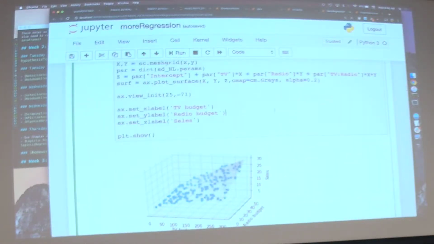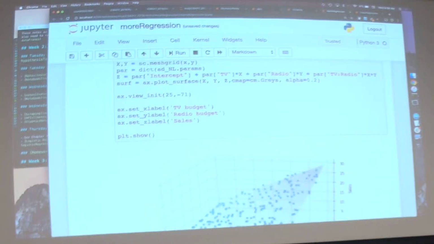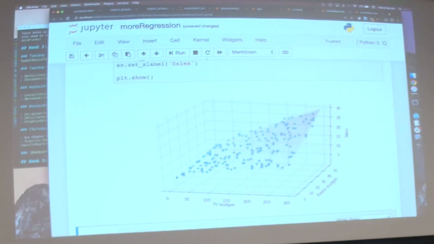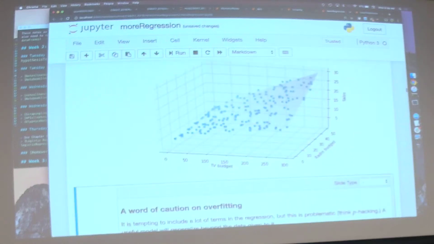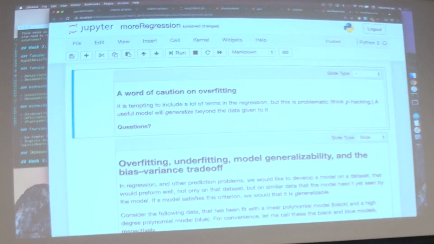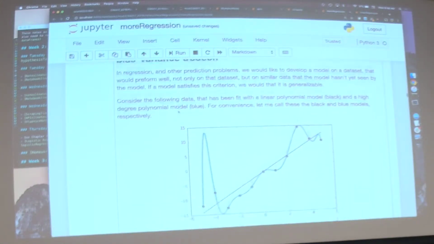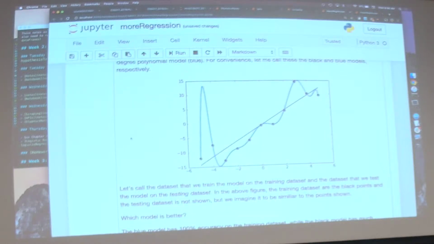So again, we can look at our model graphically. This is an example of overfit data, like we were talking about.